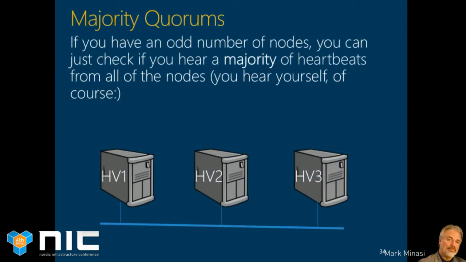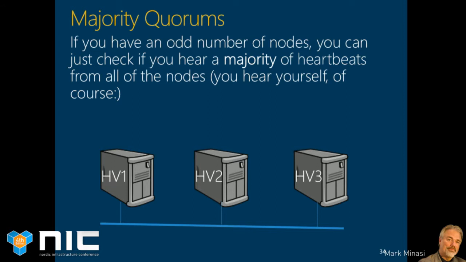So the idea is if you have an odd number of nodes, they've got heartbeat. So there's the heartbeat information that's going around here. I got 3 Hyper-V nodes, HV1, HV2, HV3. Here's the rule. If there are 3 nodes, what's a majority? 2. Everybody has to hear 2 heartbeats or more.